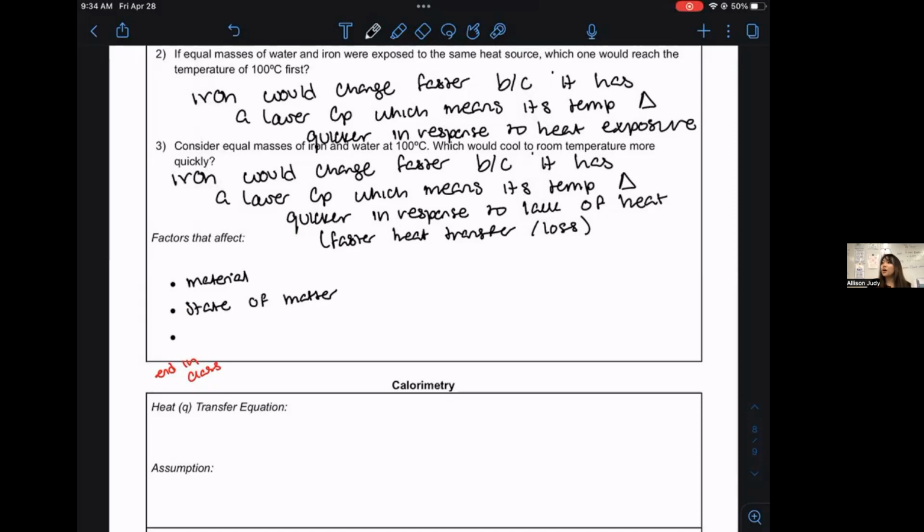So what I'm going to write here is that gas water's specific heat capacity is not equal to liquid water's heat capacity. State of matter. So those are the two main ones that determine heat capacity. That's all I have for you.